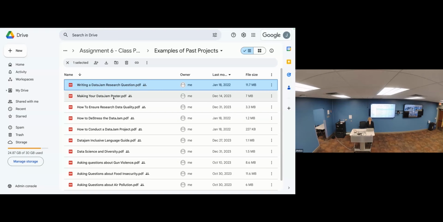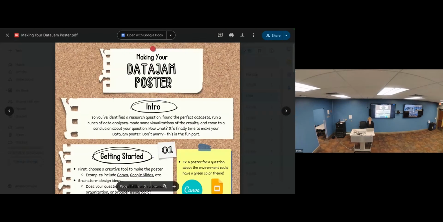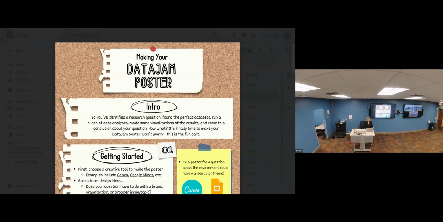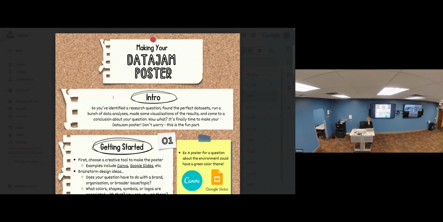We're going to look at the second one down, which is making a DataJam poster. I believe this is a resource that was made by a student in this class, or several of them, last year, so it's relatively new. We had very little about how to make a poster or how to put together a presentation.